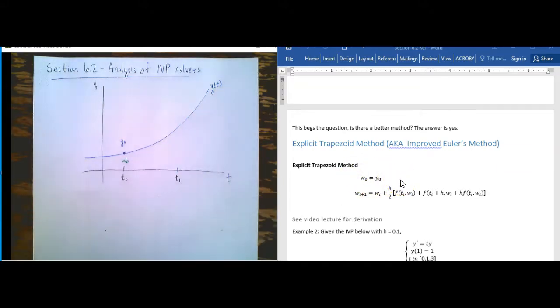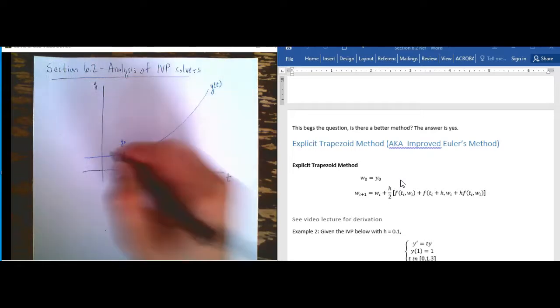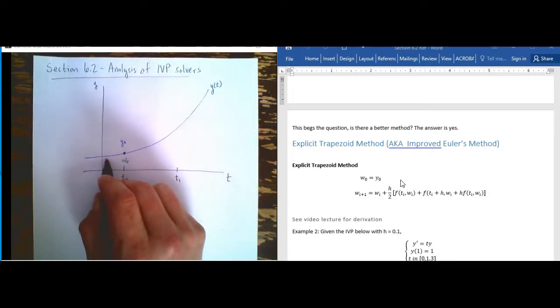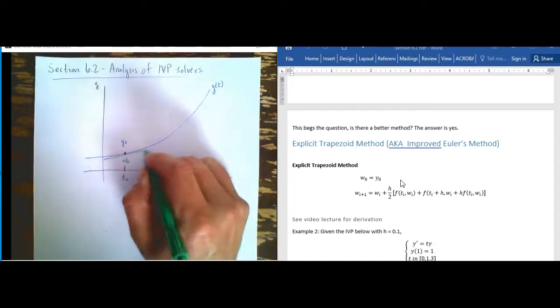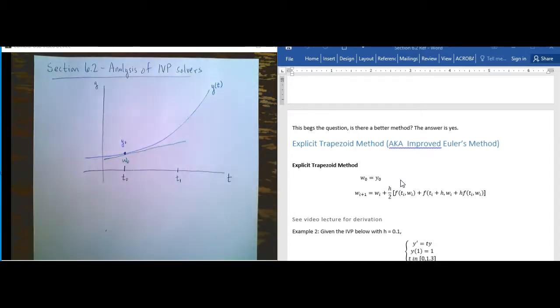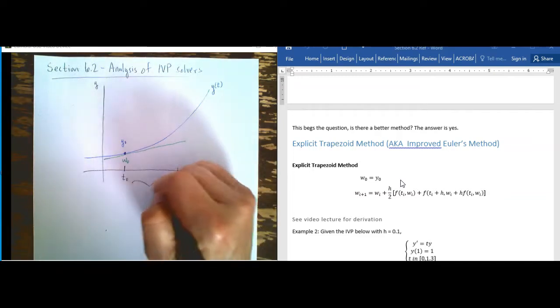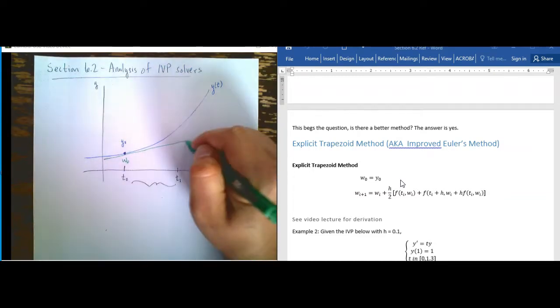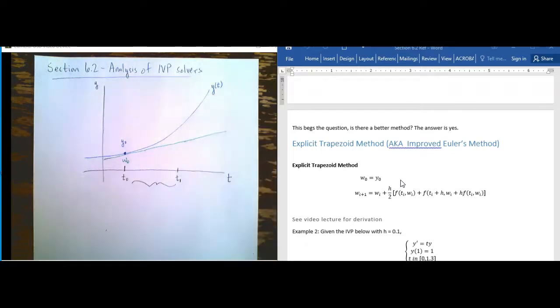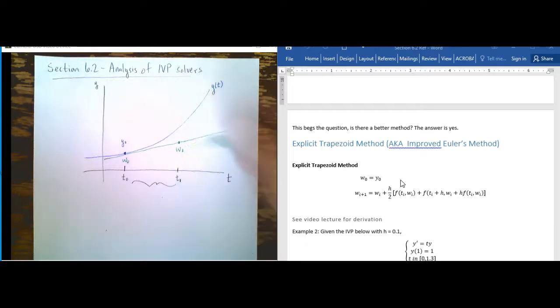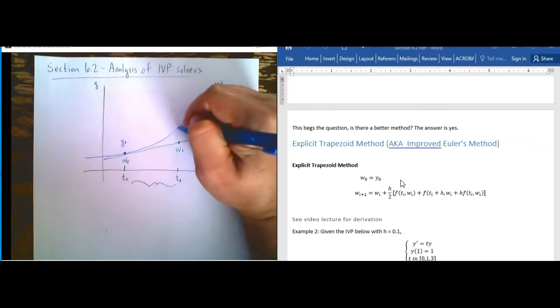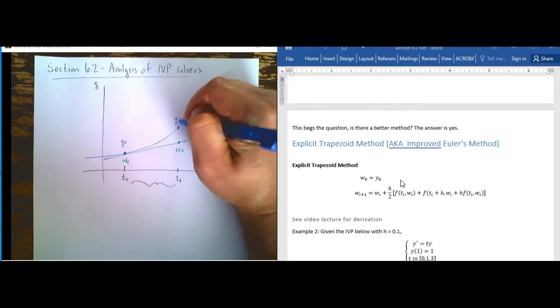What Euler's method did was use a tangent line to approximate the location of y1. With Euler's method, we used this tangent line here, traveled over a distance of h units, extending this a little bit, to get this approximation, w1, that approximated the y coordinate of the curve, which was y1.